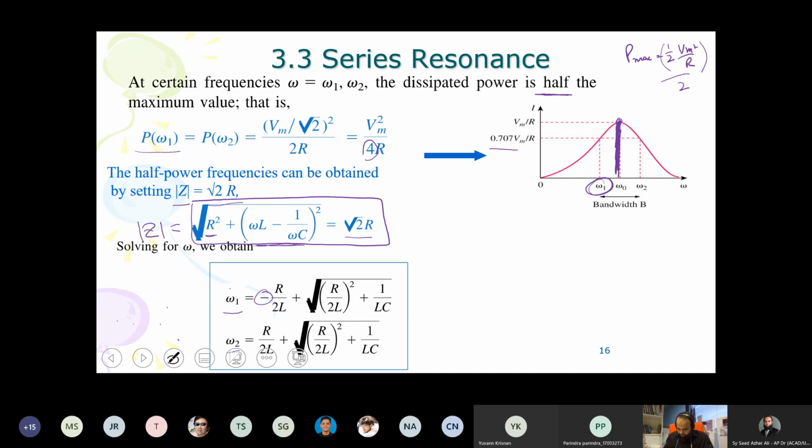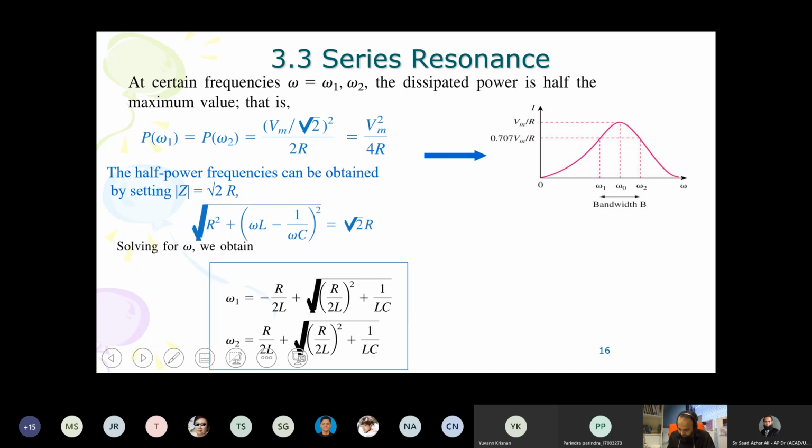All right, I don't think we need all this much of ink here except maybe Z. And if we want to relate the half power frequencies with the resonant frequency, it's basically omega naught equals square root of omega 1 omega 2.